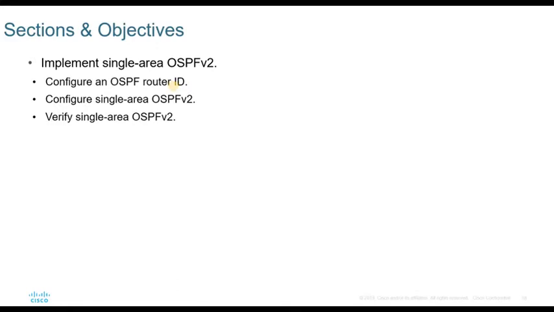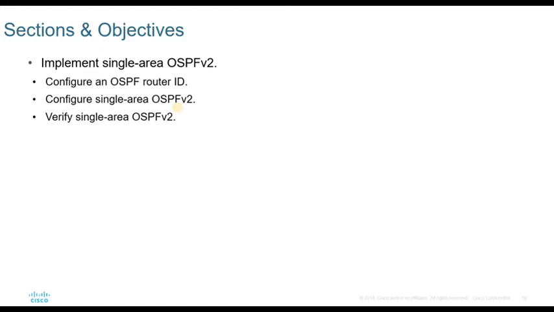This will be like a comparison with EIGRP, since you already know how to configure EIGRP and the characteristics of EIGRP and the dynamic routing protocols discussed in previous modules. So this time we're just going to go straight, since you already understand what router IDs are used for. We're going to configure that this time using OSPF. Next, we're going to configure the single area.